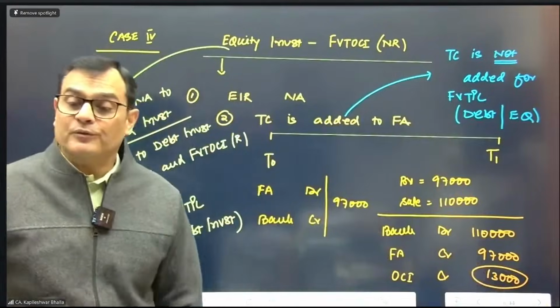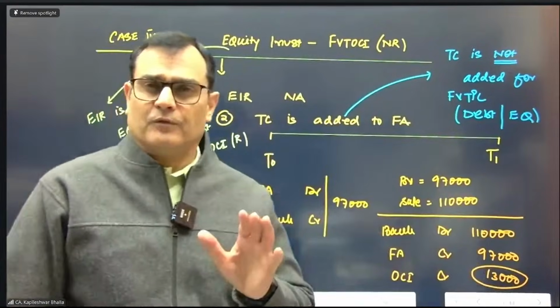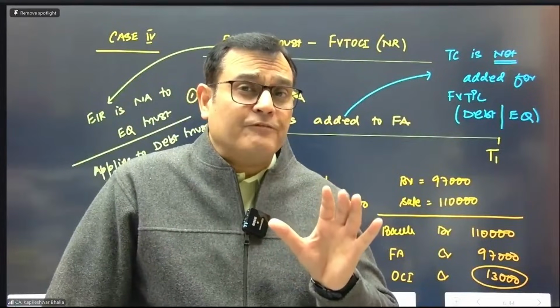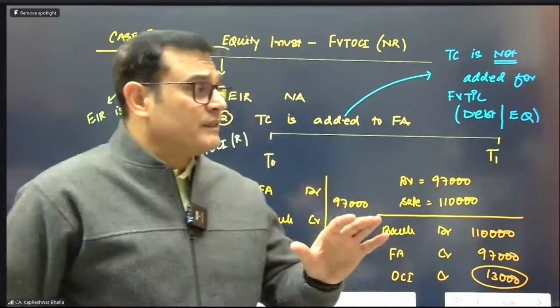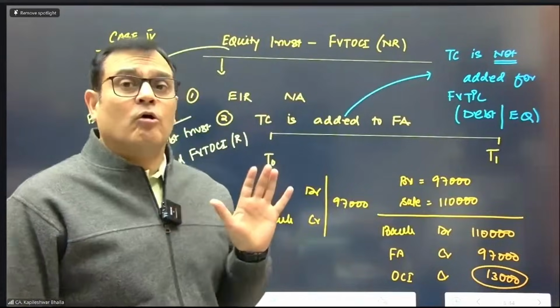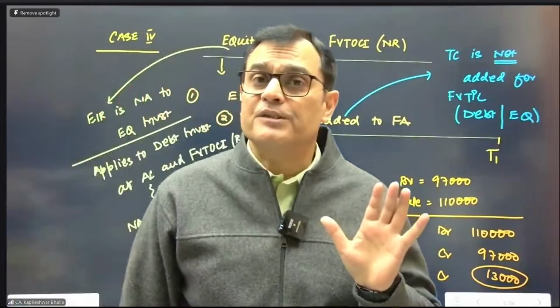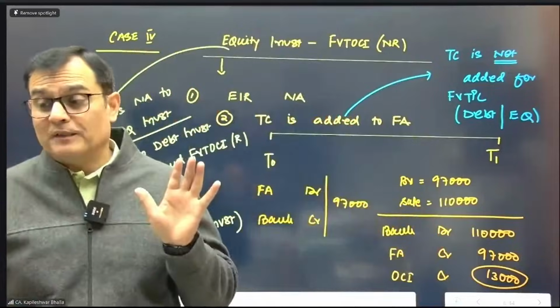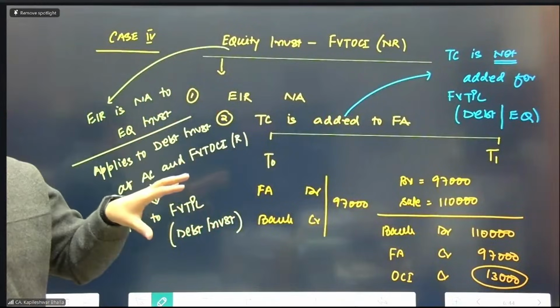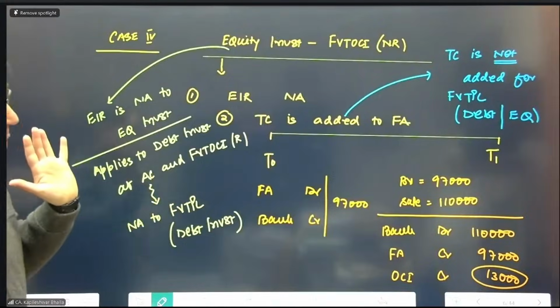Even though it is realized in nature, for equity investments at FVTOCI, whether it is a fair value gain or loss, or a realized gain or loss, all is captured in other comprehensive income. I hope I stand very clear on the fourth case as well, that is equity investments.